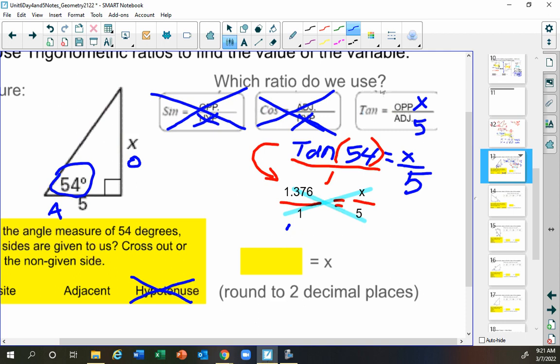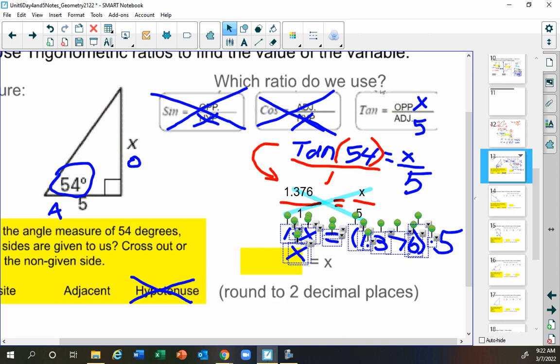And of course, what's 1 times x? 1 times x is just x. And then we're going to multiply the 1.376 times the 5. Let me rewrite that x somewhere else. So in the end, 1 times x was just x.